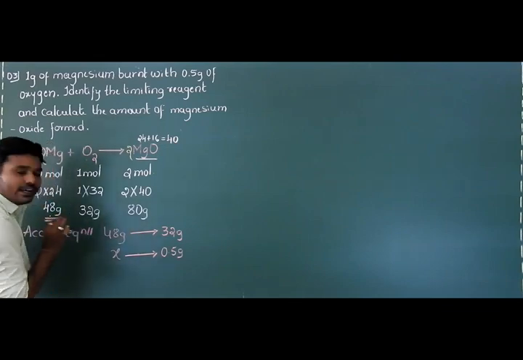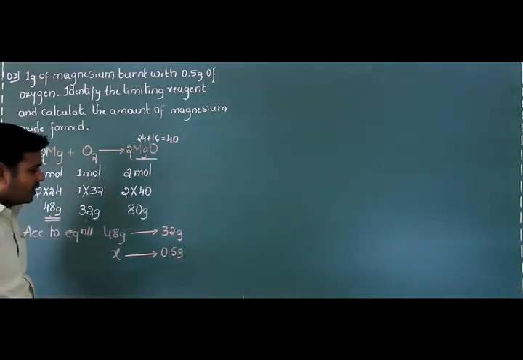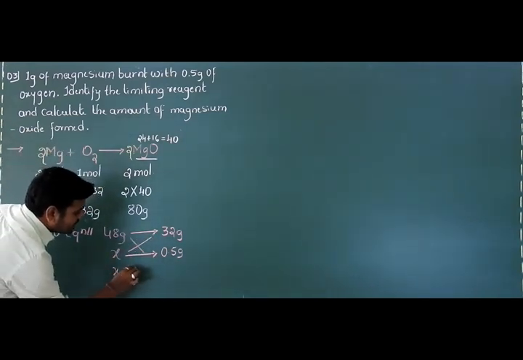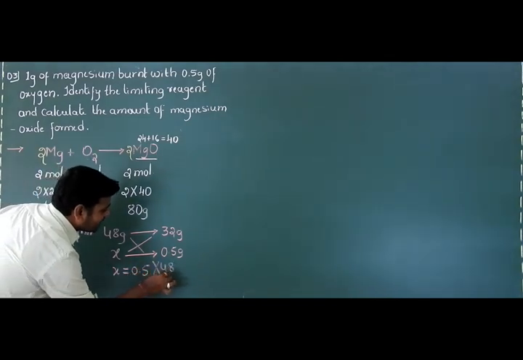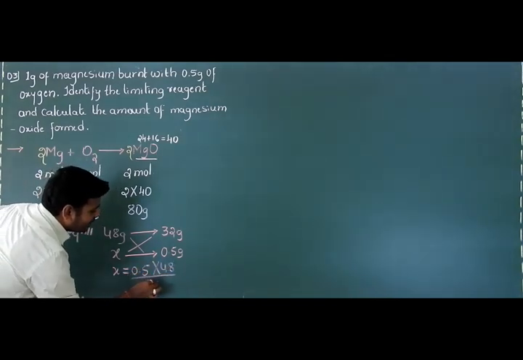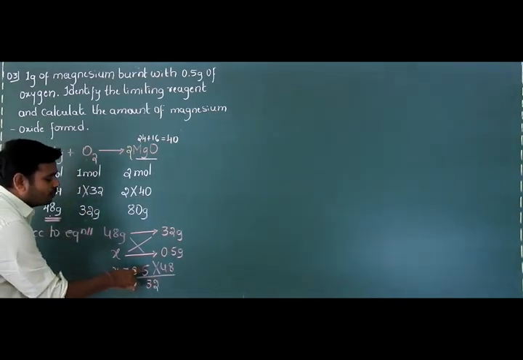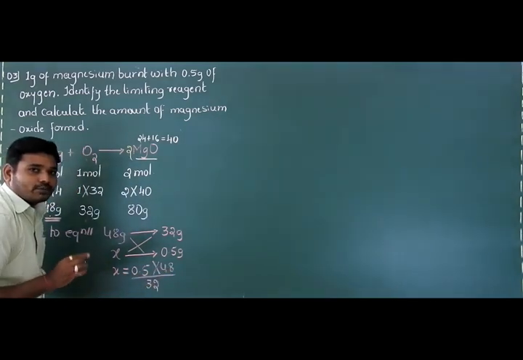So let us calculate the amount of magnesium required. So you cross multiply these two. X equal to 0.5 multiplied by 48 divided by 32. Listen here, 0.5 into 48 divided by 32.